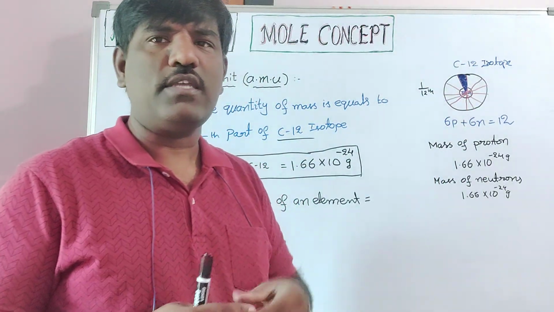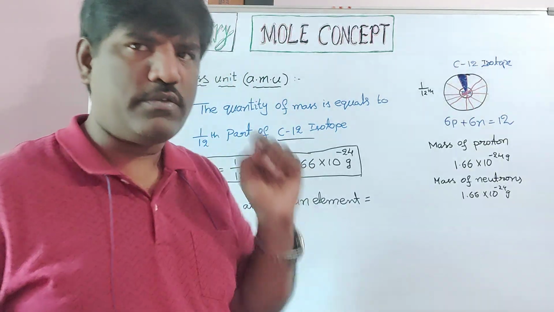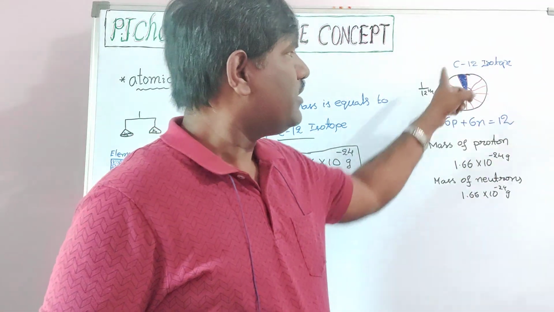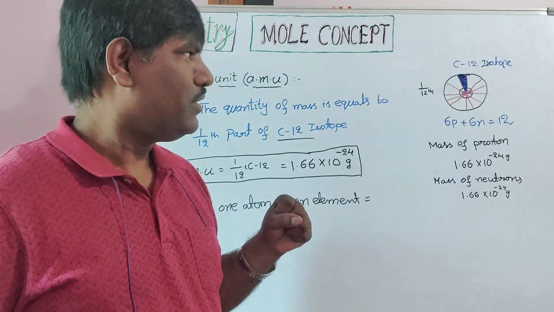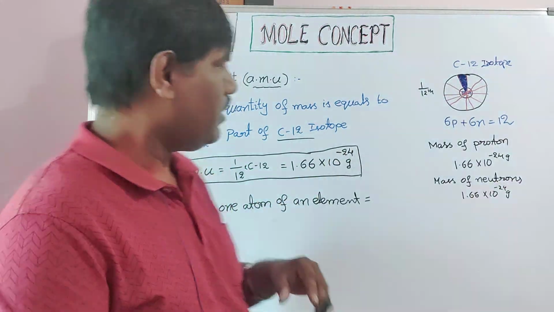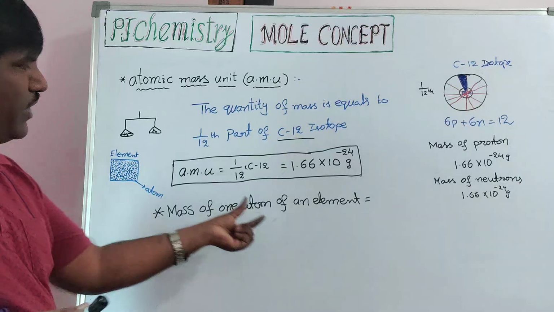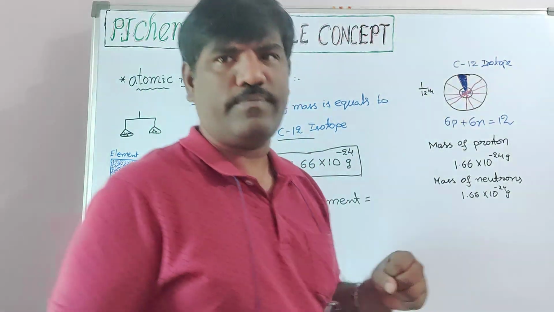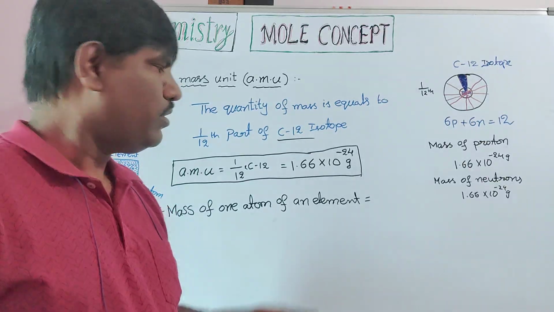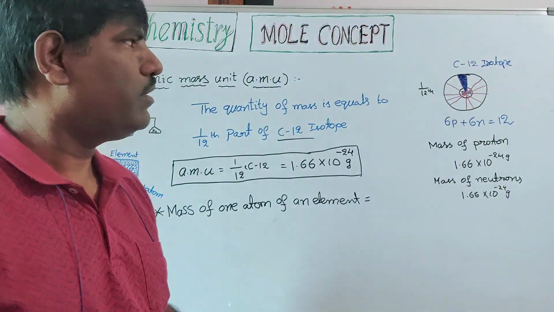That only is called the atomic mass unit, one small unit. Now how many of these small units are there in total? 12. So the mass of one atom of an element is nothing but the mass of these 12 units, no?